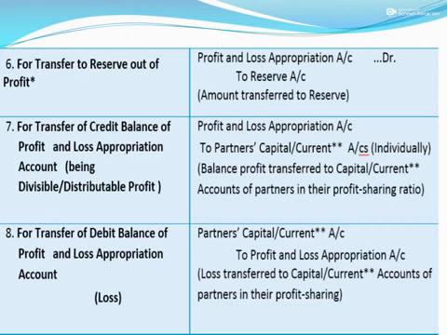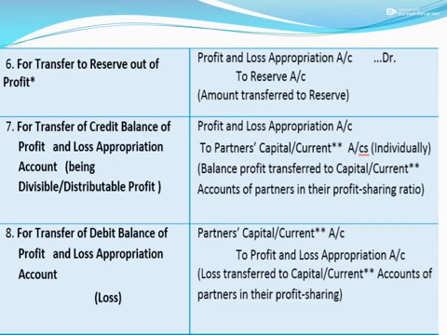Next, number 7, for transfer of credit balance of profit and loss appropriation account. It means if there is any positive balance, or we can say that if there is any profit left, it will be directly transferred to the partners capital account credit side. So the entry will be profit and loss appropriation account debit to partners capital or current account.